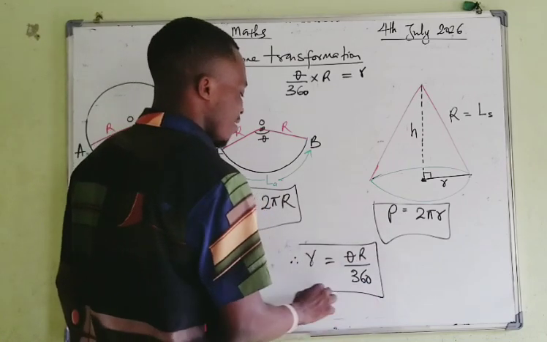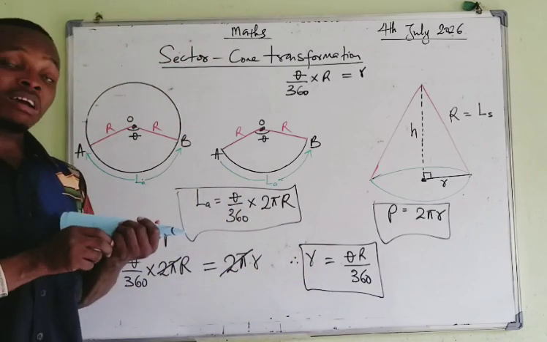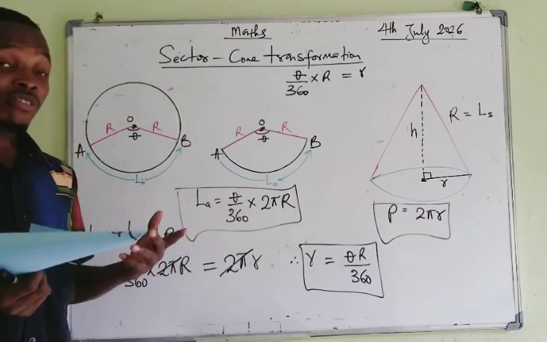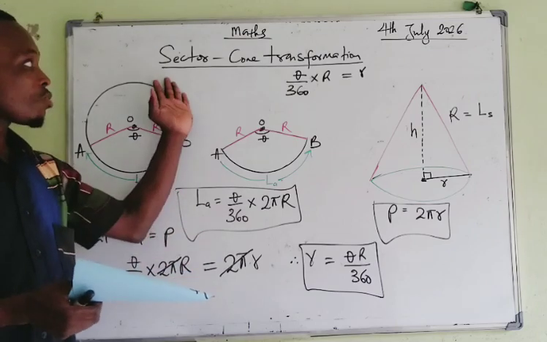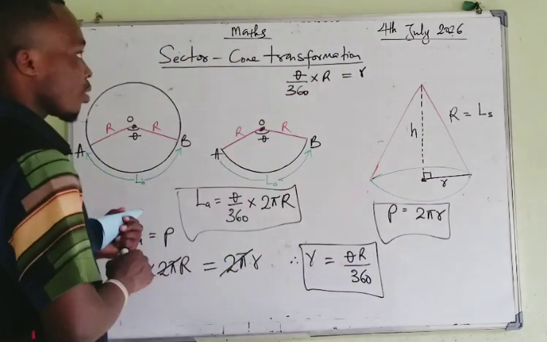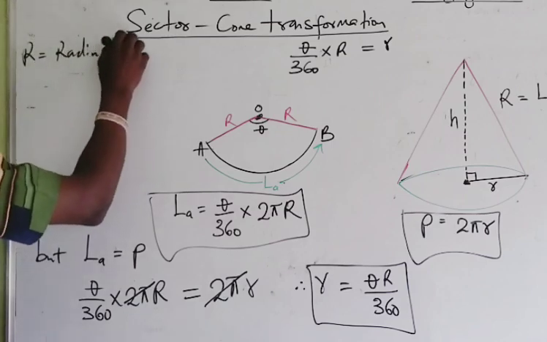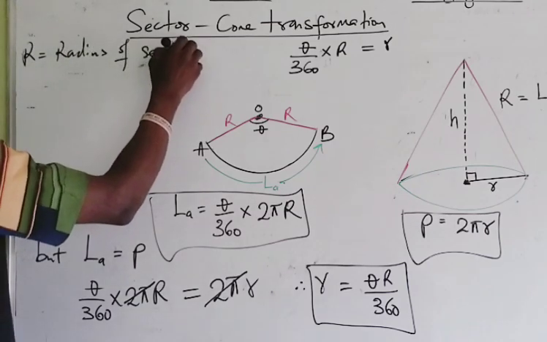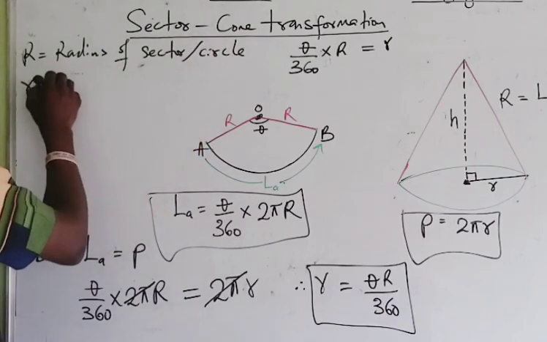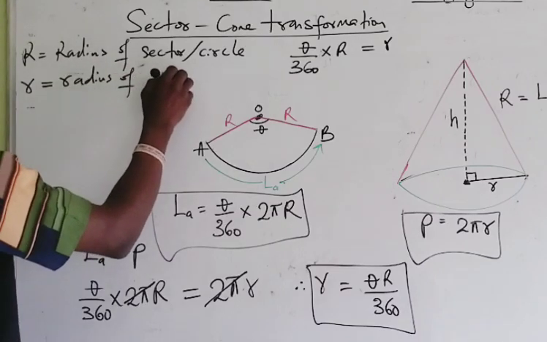So this is another important relationship or formula in sector to cone transformation. In summary, whenever you're solving sector cone transformation, don't forget that capital R is the radius of the sector or of the circle, while small r is the radius of the new cone.